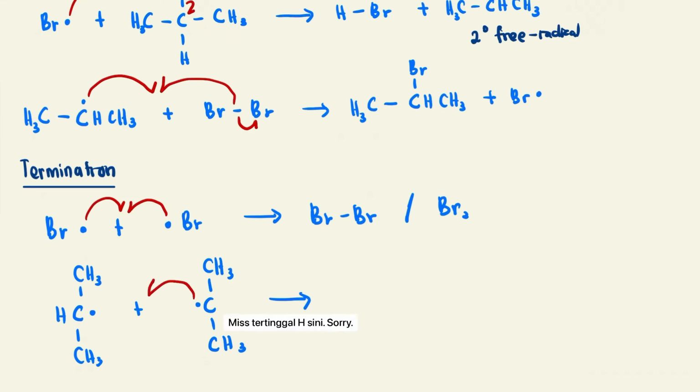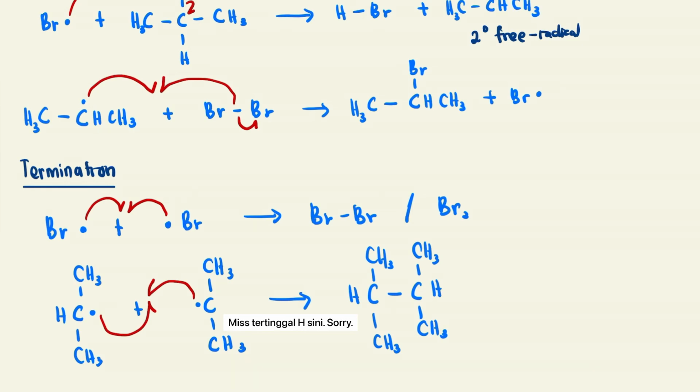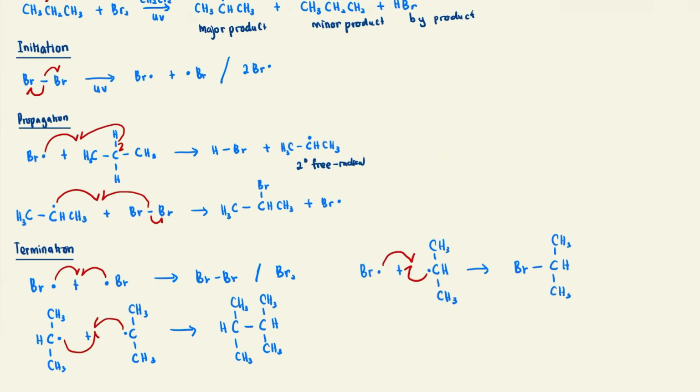Don't forget to draw the curly arrow. Now they will form a bond between carbon and carbon. Next is the reaction between a bromine radical and this carbon radical. So that settles the termination step.